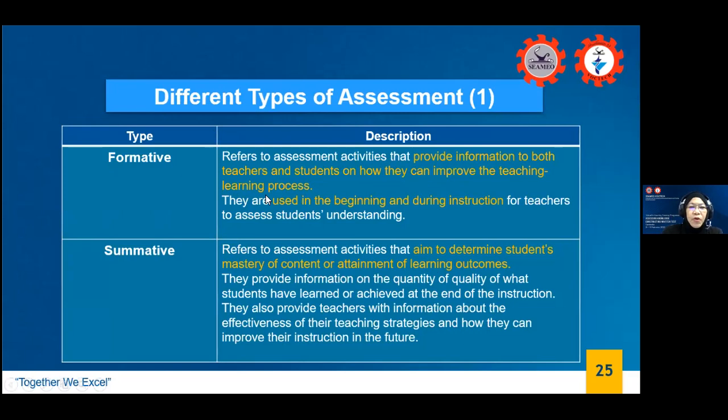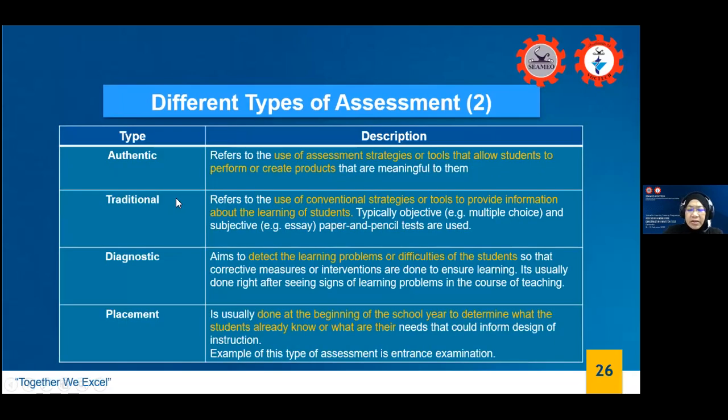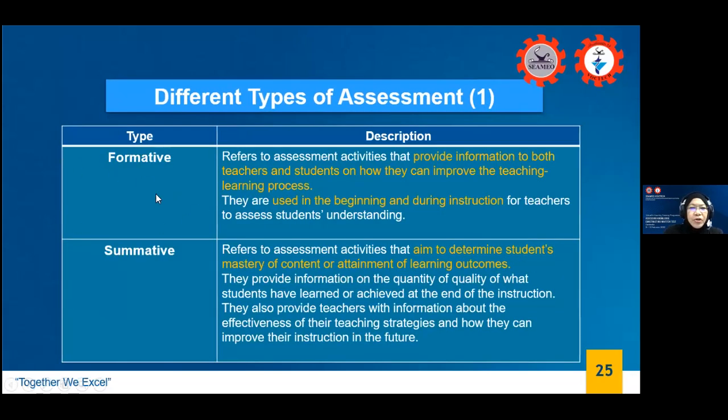And when do you use formative, everybody? In the beginning and during. I hope you're using it. If you use formative at the beginning, you have a benchmark to say this is what my students could do when they first started the program.